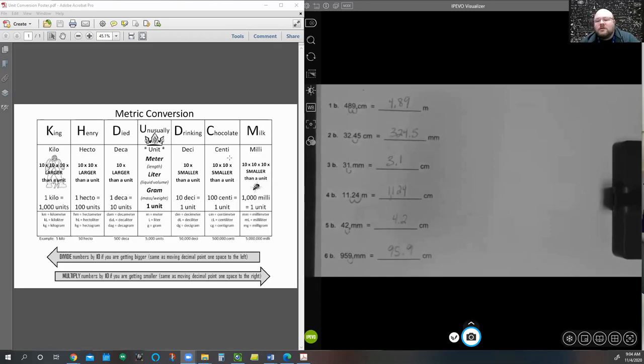Now, this is with length. It could be volume. It could be mass. It could be all kinds of different measurements, centigrams, centiliters. Like that part doesn't matter. It's the prefix that matters when we're converting. And also this one kind of focused on meters, millimeters, centimeters.